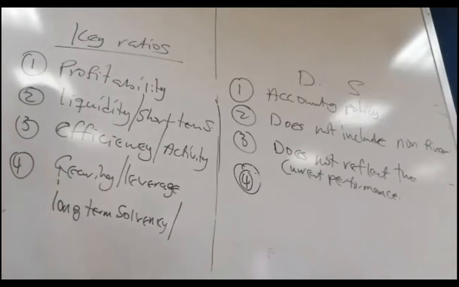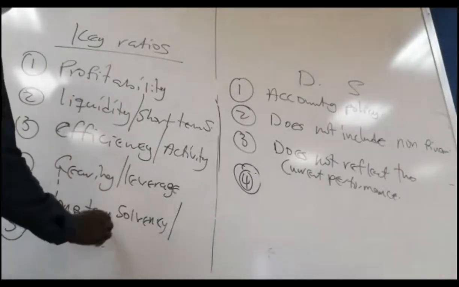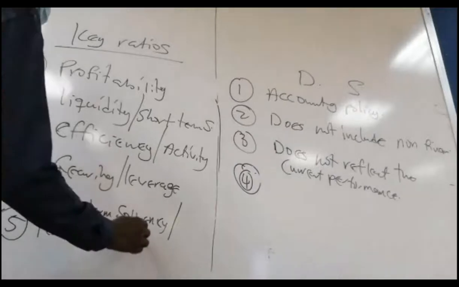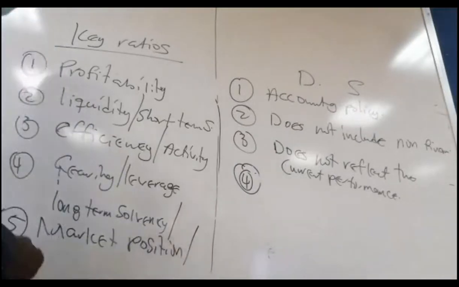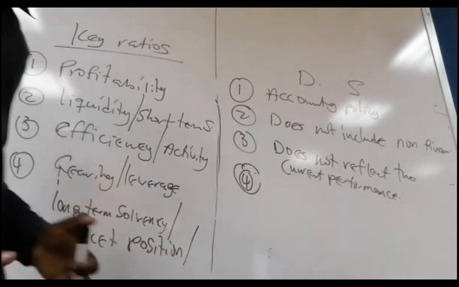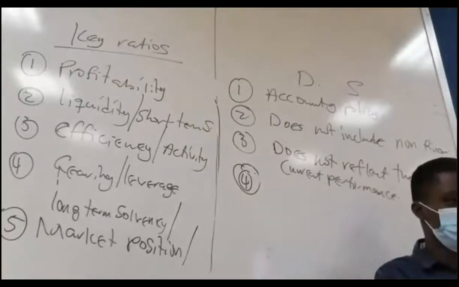That is the gearing. Then the fifth set is market position, or investor ratio. Market position or investor ratio.